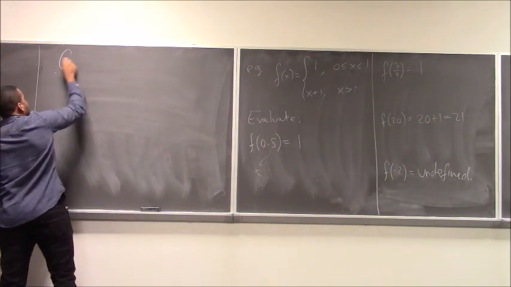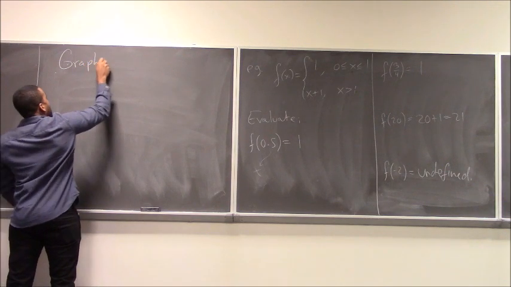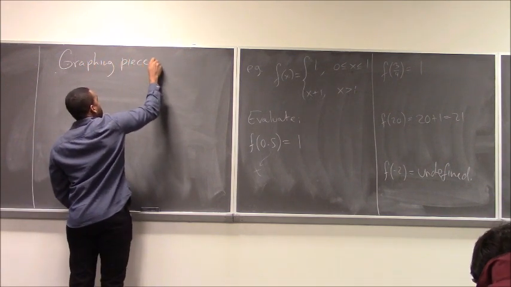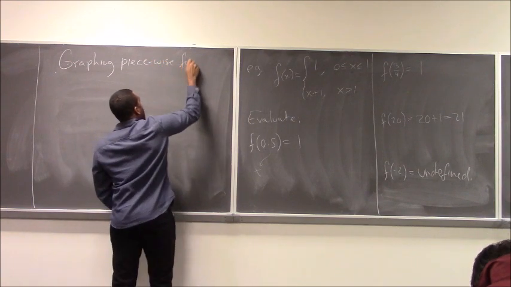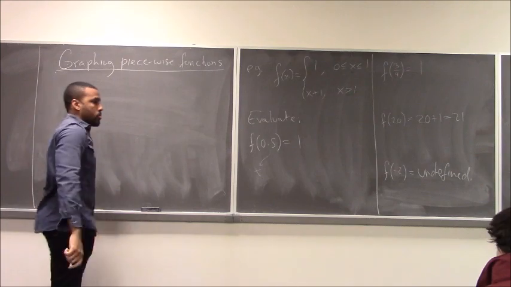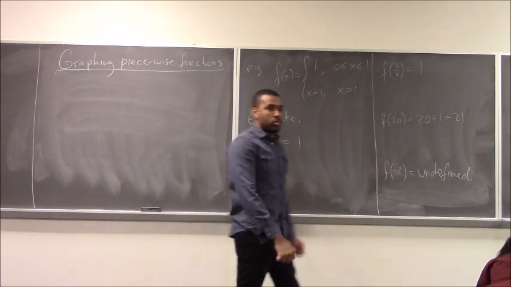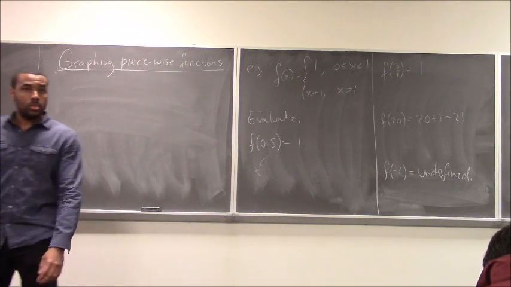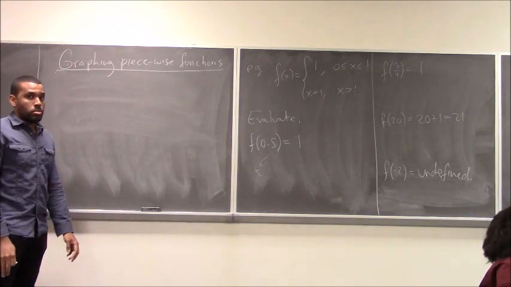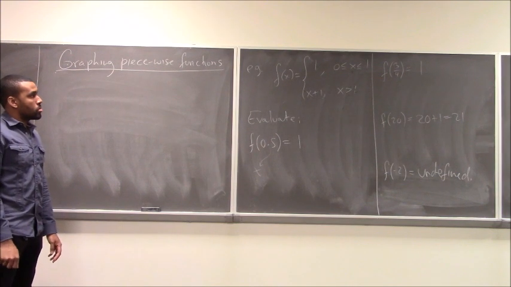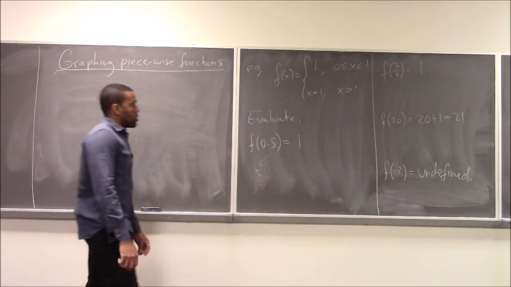What about graphing piecewise functions? Can you describe to me how you graph it? What do you think about it? Isn't it sort of like a closed dot, then an open dot, and then we move on to the next part of the domain, and then another closed dot?